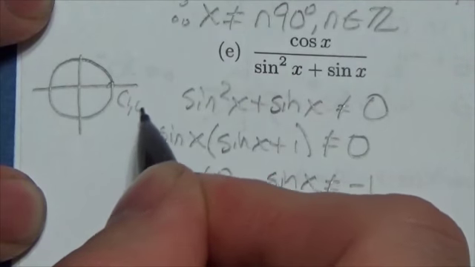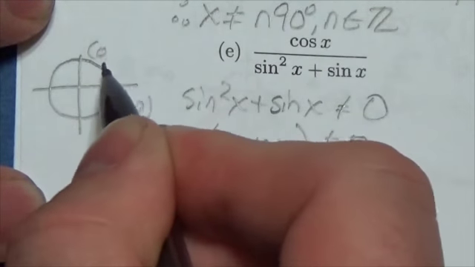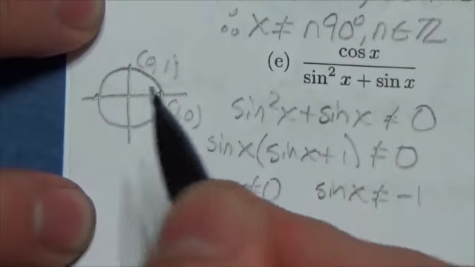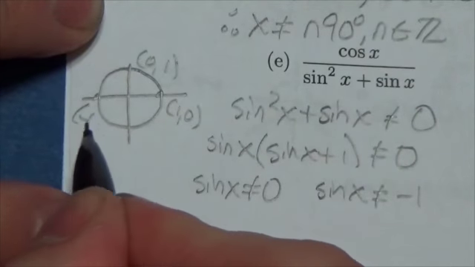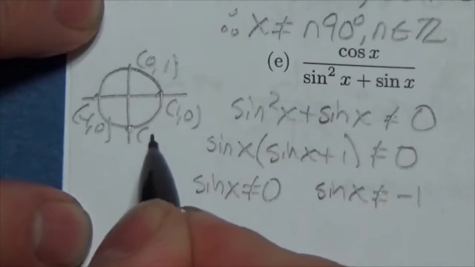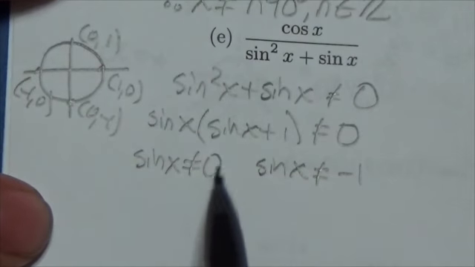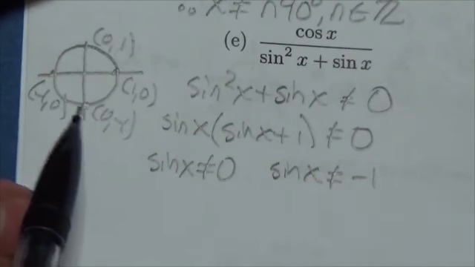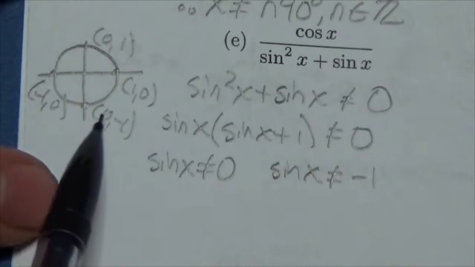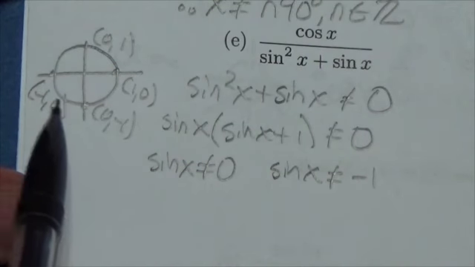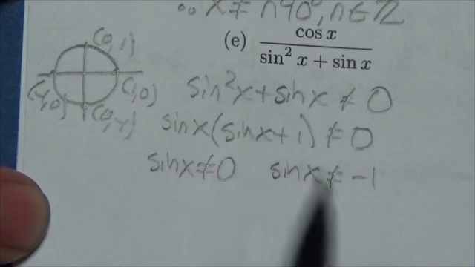So this is the point (1, 0), (0, 1). Out here, that's going to be the point (-1, 0). And then down here is (0, -1). So I can't let sine of x become 0, which means I'm interested in where the y-coordinate goes to 0, because I associate sine with the y-coordinate.